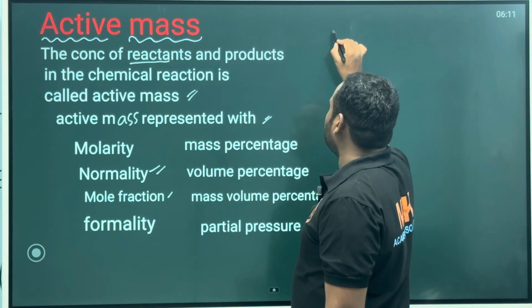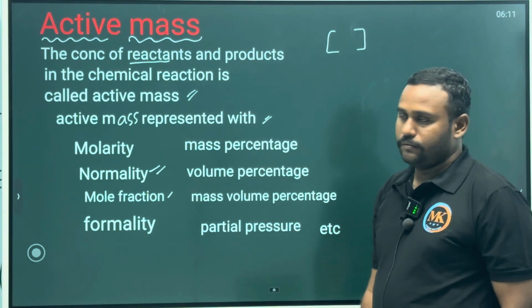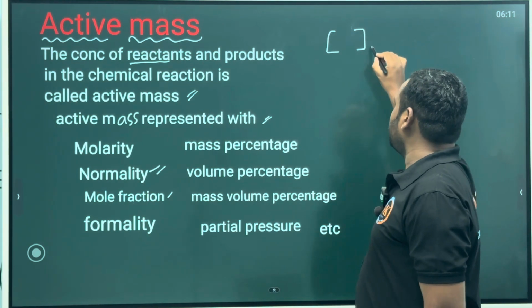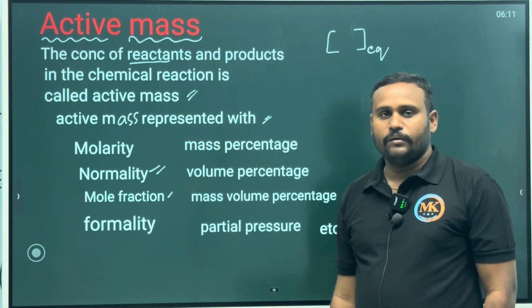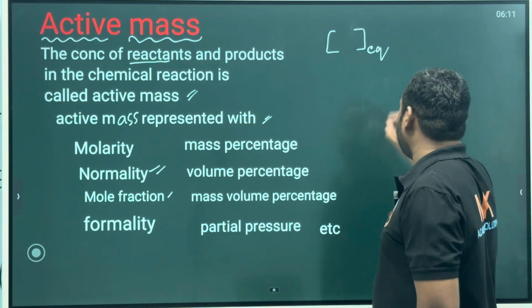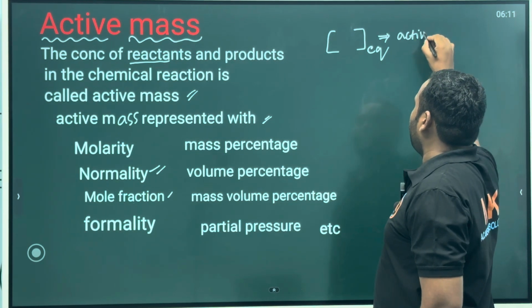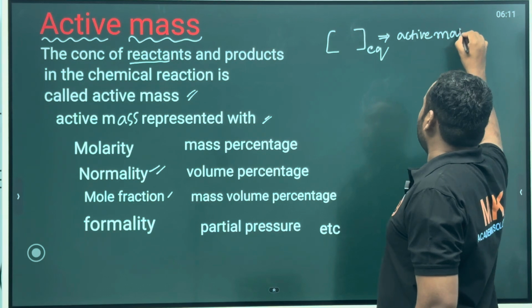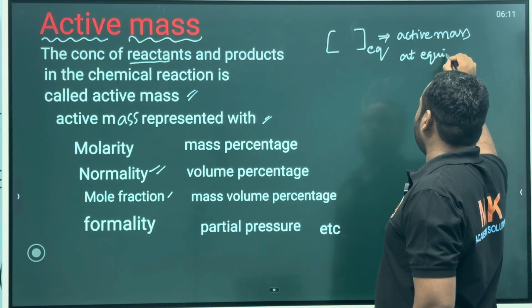Molarity, with a square bracket. The square bracket represents active mass. After the square bracket, if you keep EQ, that becomes the active mass of the substance at equilibrium.